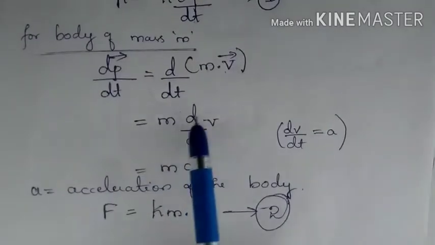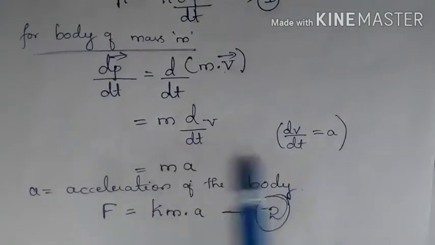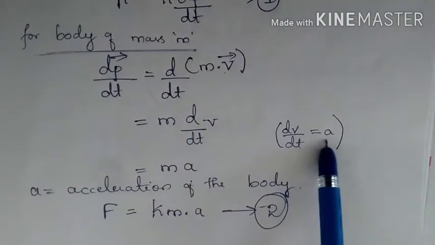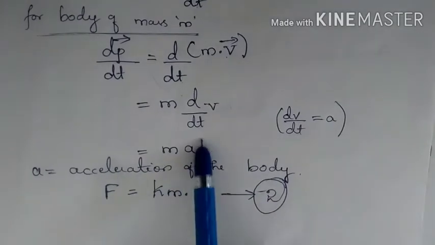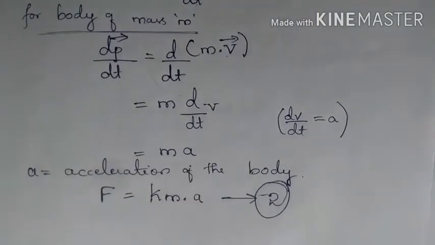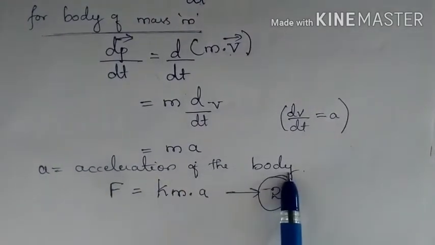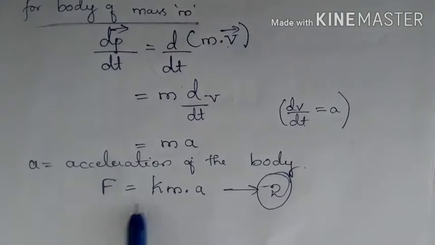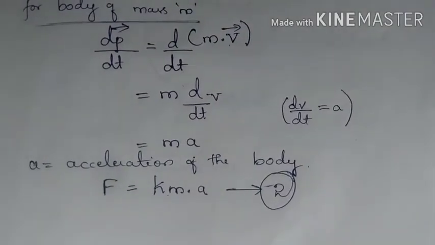We know that the rate of change of velocity with respect to time gives us acceleration. Clear? So m into a is equal to F, where a is the acceleration of the body. So F is equal to kma. This is where we left our discussion yesterday.